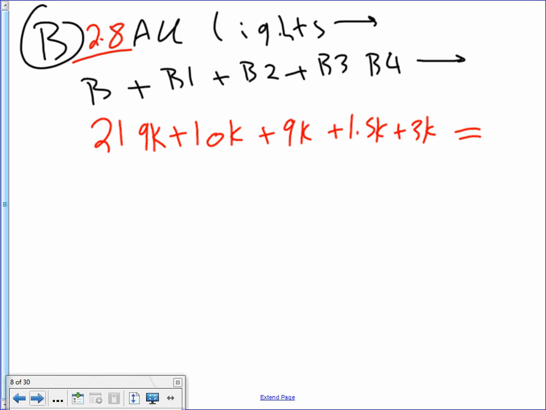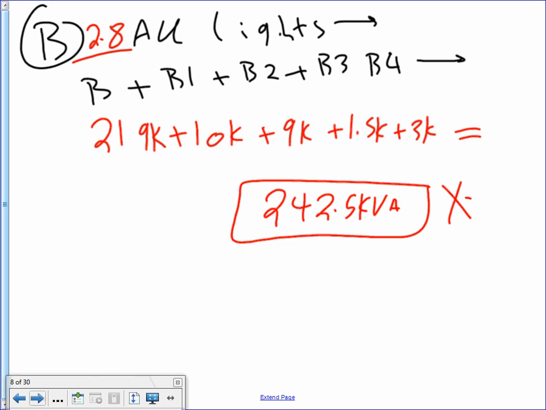And if you did your math right, 242.5 kVA is your total. That's the one number that you're going to carry all the way through for the lights.